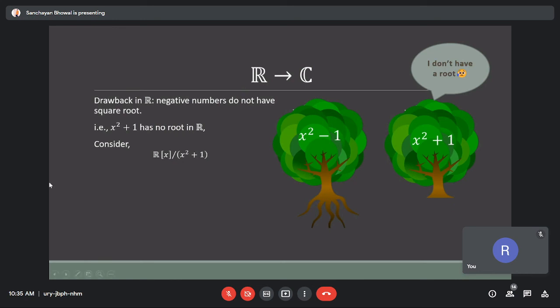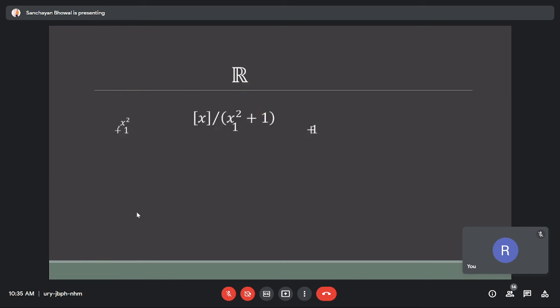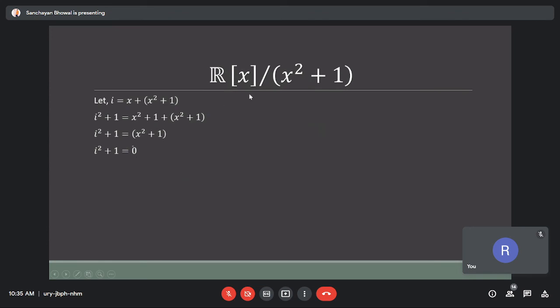We consider this, and what I do, I define i to be x plus (x square plus 1). Now I square i and add 1. So i square plus 1 turns out to be (x square plus 1) plus (x square plus 1) in brackets. Why does this hold? Because we defined ideal multiplication and ideal addition.